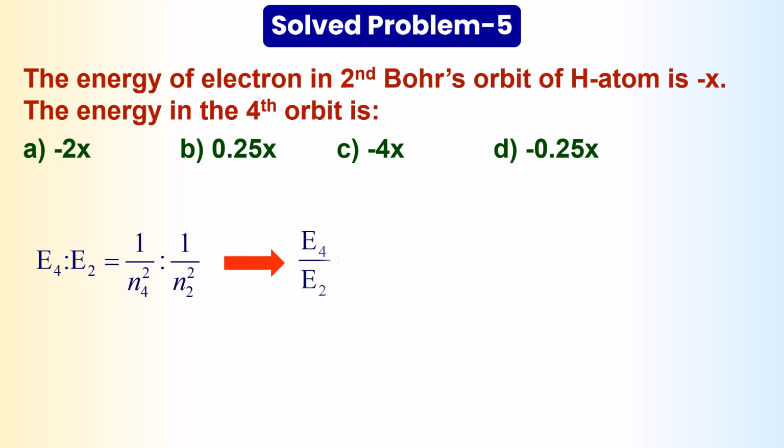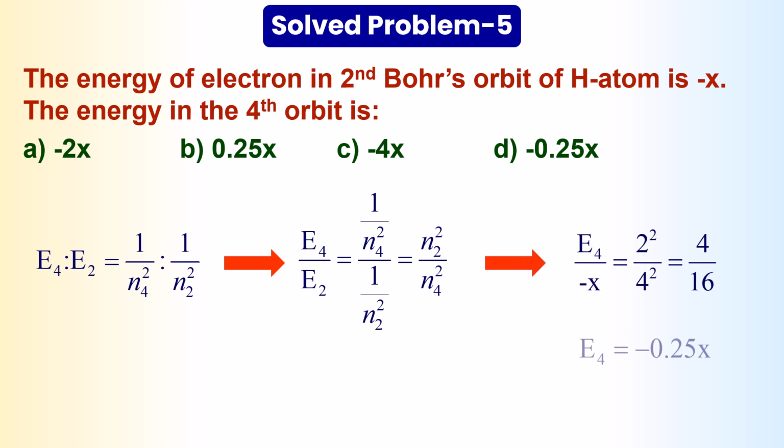This simplifies to n2 square divided by n4 square, and substituting the values of n and E2, we get E4 is equal to minus 0.25x. Hence the correct answer is option D.